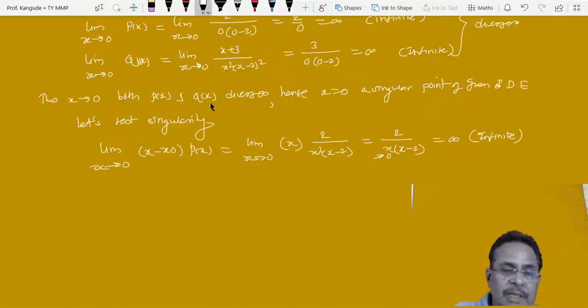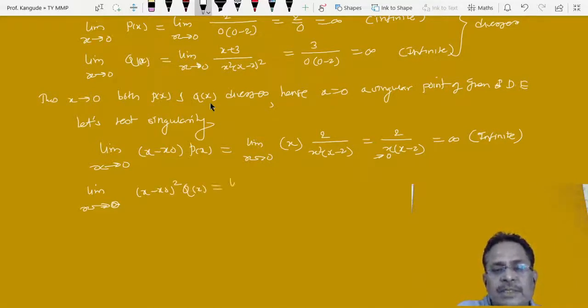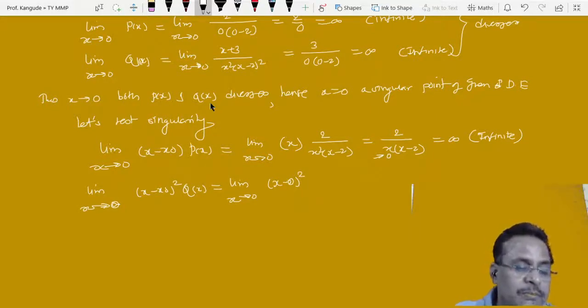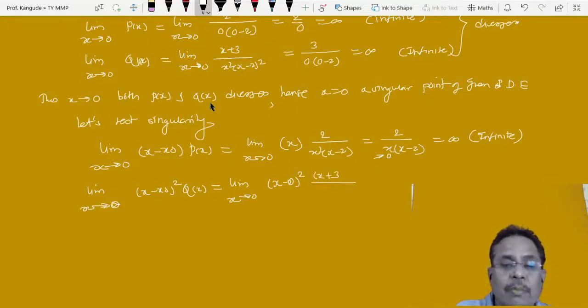Similarly, let's find the limit as x tends to 0 of x minus x0 square into q of x, which is x minus 0 square. And q of x is x plus 3 upon x square into x minus 2 square.